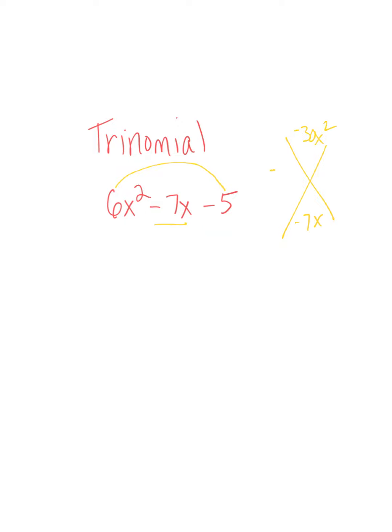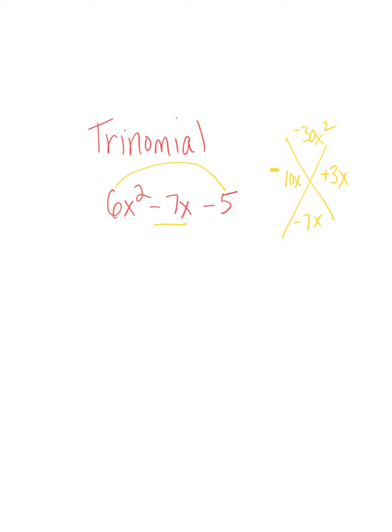So -30x squared tells me one has to be negative, one has to be positive. If you need to list the factors of 30, go ahead. But I think we're going to end up with -10x and a positive 3x, because -10 times positive 3 will be -30, and -10 plus 3 will be -7.